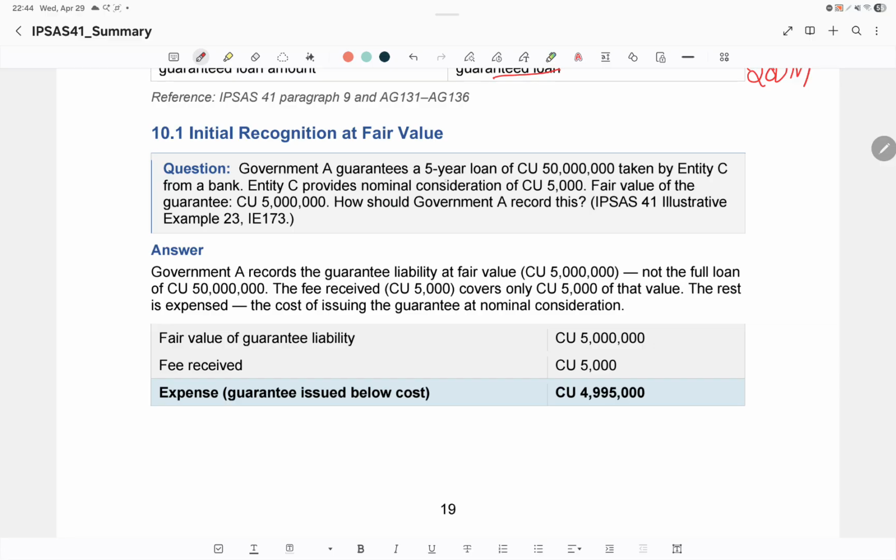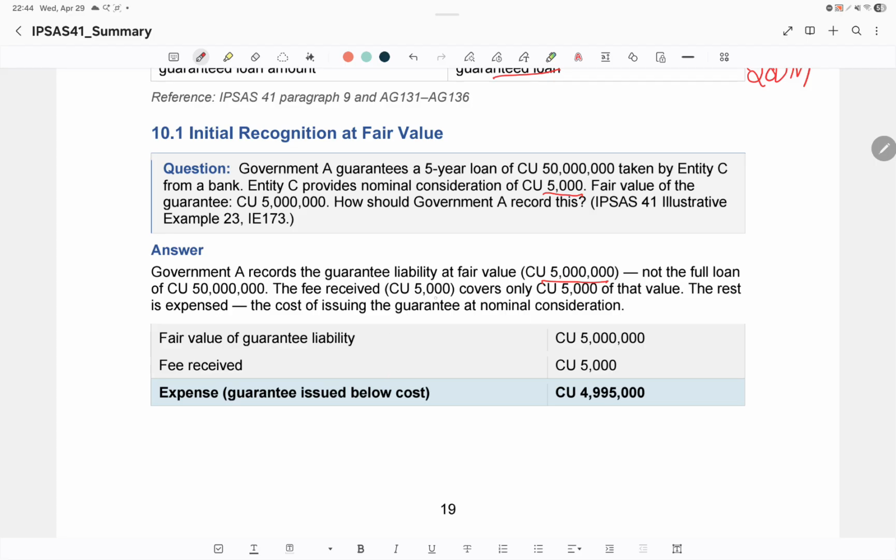In Kenya, government A guarantees a 5-year loan taken by entity C from a bank. Entity C provides a nominal consideration of 5,000. The fair value of the guarantee is 5 million. How should the government record this? Government A records the guarantee liability at fair value.